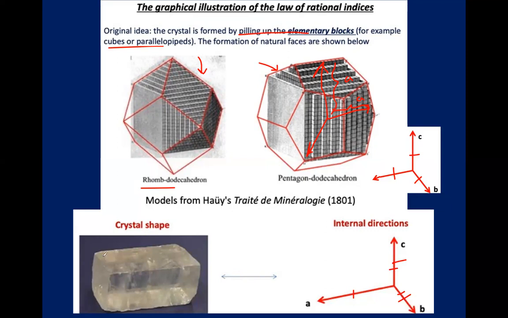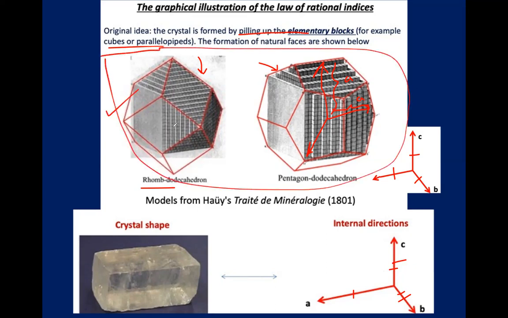Like quartz, this is not quartz, this is another crystal. But you can see similar types of properties, although the shape is different. So that means you can categorize this type of crystals into one group, and the other type of crystals into another group. That's how we do the categorization.